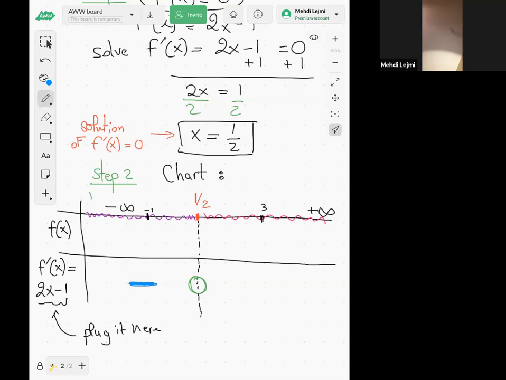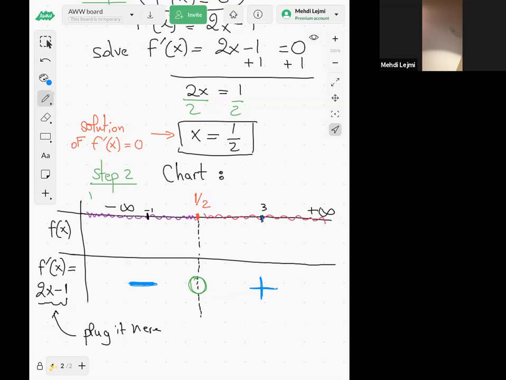Now, in the second interval, from half to positive infinity, I picked 3, so I plug 3 into the derivative. That's 2 times 3, which is 6, minus 1, that's 5. So it's positive 5, and on this second interval we're going to have positive. So my derivative is positive from half to positive infinity, and negative from negative infinity to half, right?